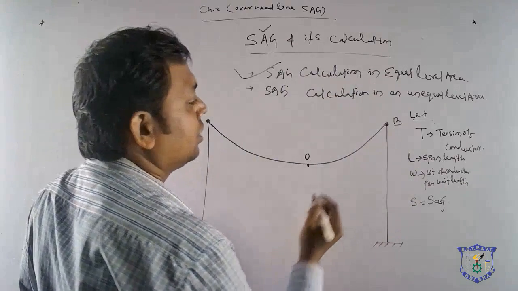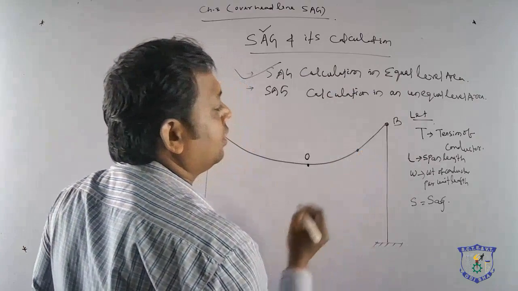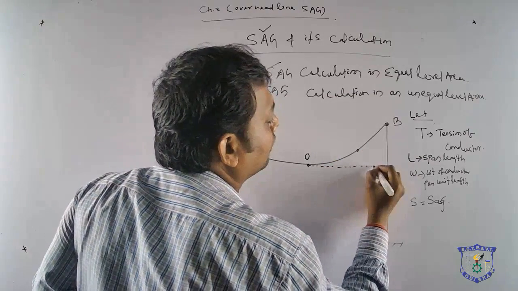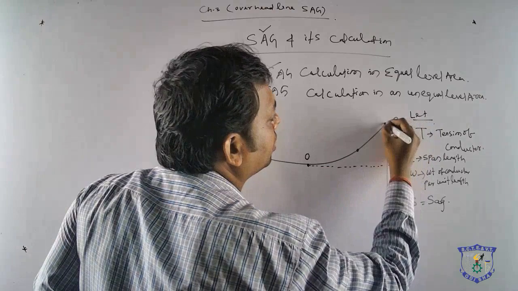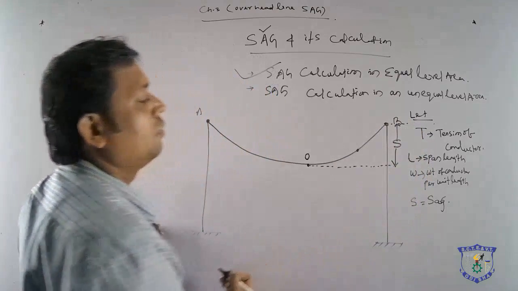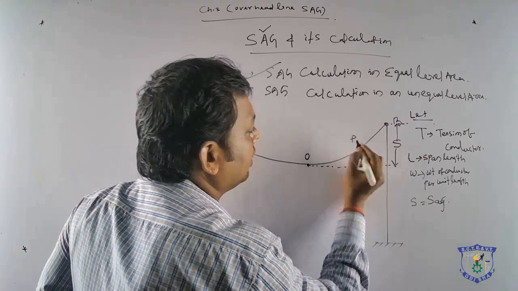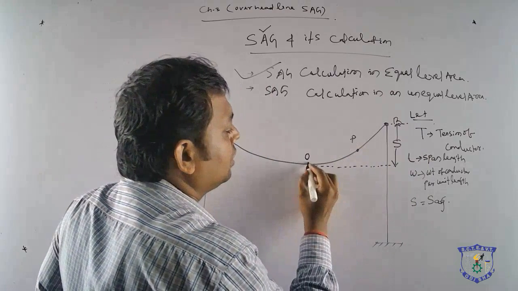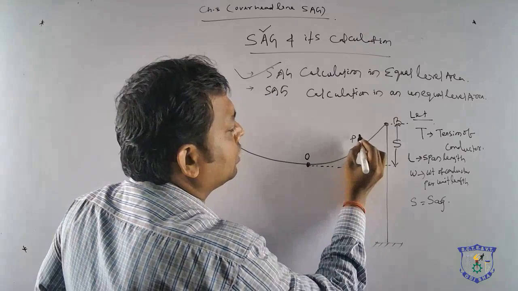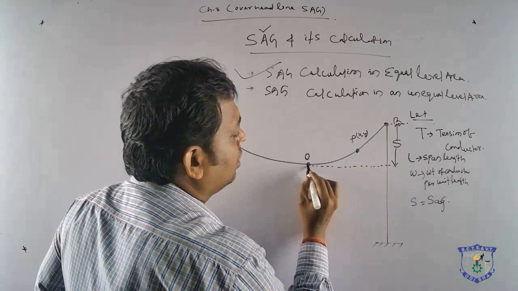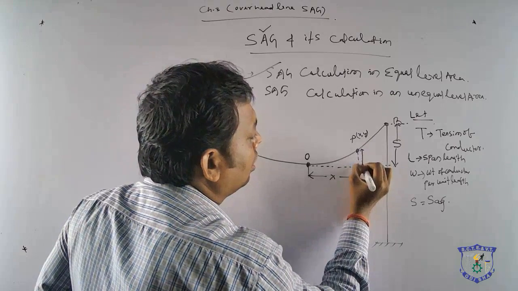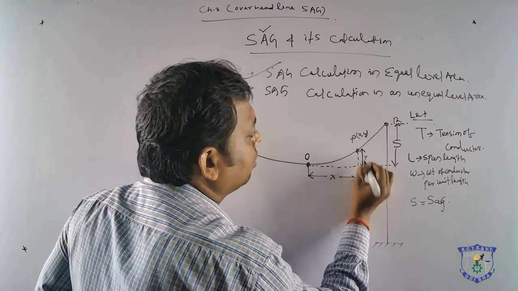For calculating the sag, we will take a single point across this, and we know, according to the definition of sag, it is the difference of level between the point of support and the lowest point of the conductor, capital S. So we have taken a single point P across this, and now we can calculate the sag between O and P. This point P has coordinates x, y, the distance along OP is x, and the height is y.